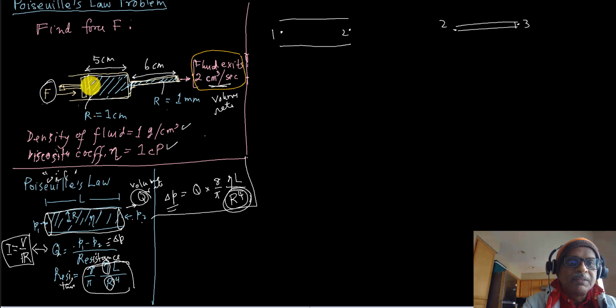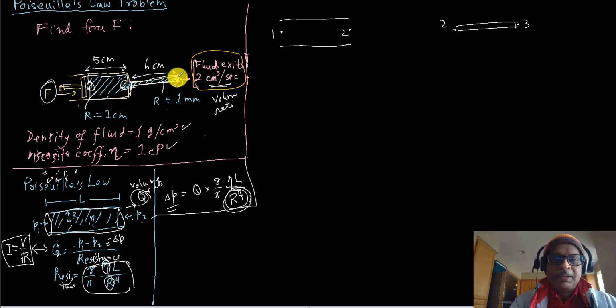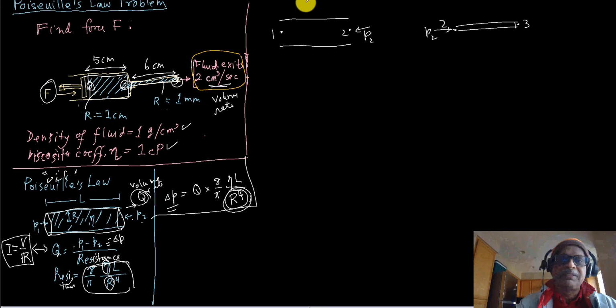So this is 1, 2, 3. So over here, let's call the pressure P2. The same pressure is going to push on the other side, right, for this problem.